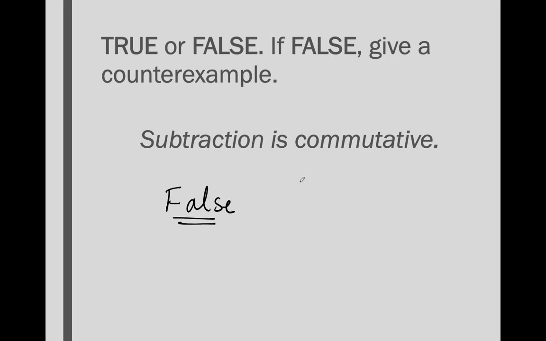Subtraction is not commutative because, and then a counterexample you could give, is that 5 minus 4 is not the same thing as 4 minus 5. They are not equal, so you cannot reorder a subtraction problem the way that we can reorder an addition or multiplication problem.